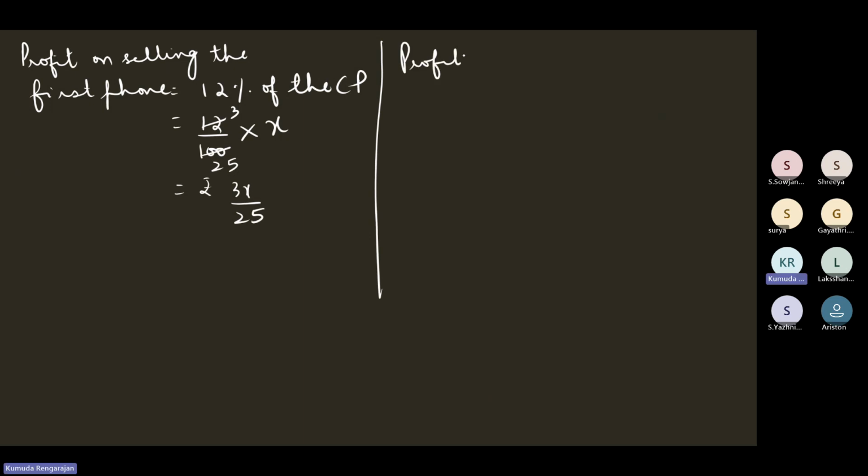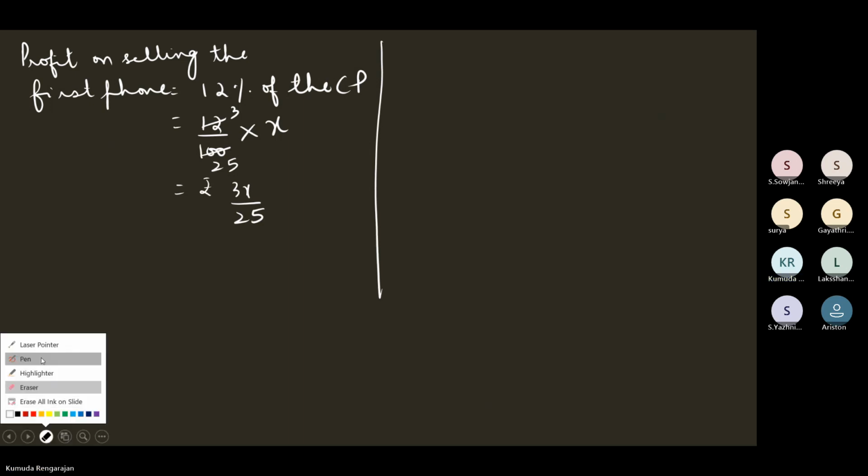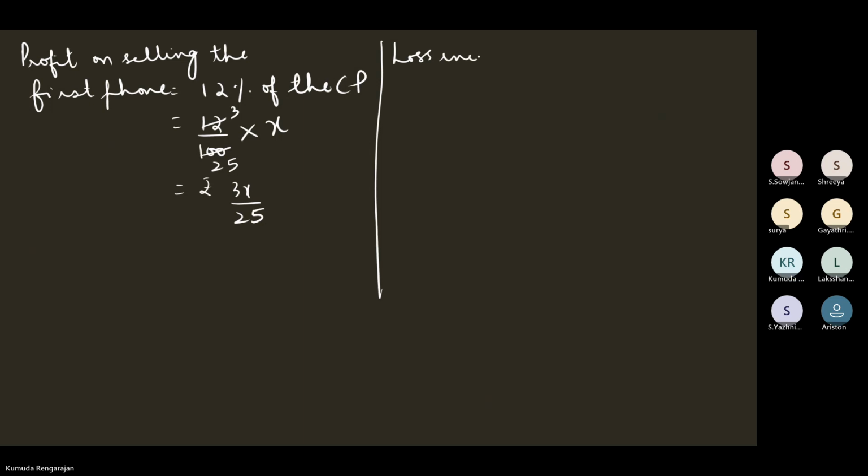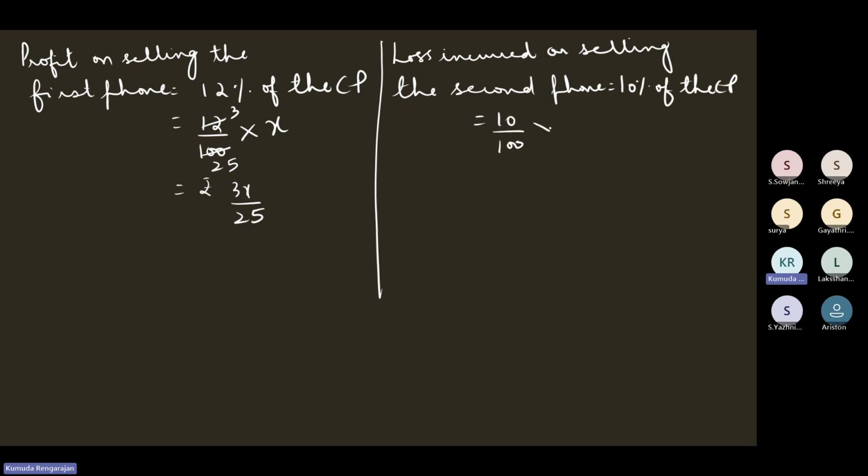The loss incurred on selling the second phone is equal to 10% of the CP. 10% means 10 by 100, of means into, and CP is 22,000 minus X. So here the 0 and 0 get cancelled.